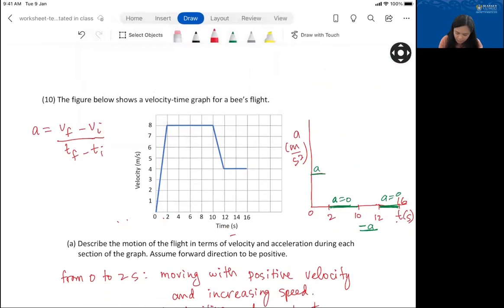At 1 second, it's this point that's 1 second. So we want to find the instantaneous acceleration at this point. Okay. When you solve for the acceleration, you need at least 2 points, right? You need the final velocity and the initial velocity, and you need the final time and the initial time.